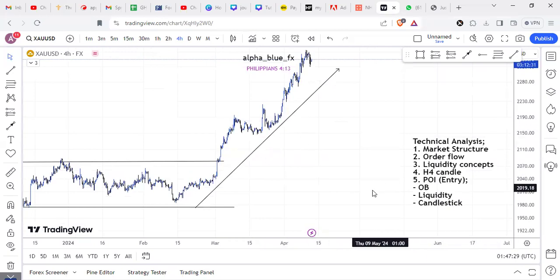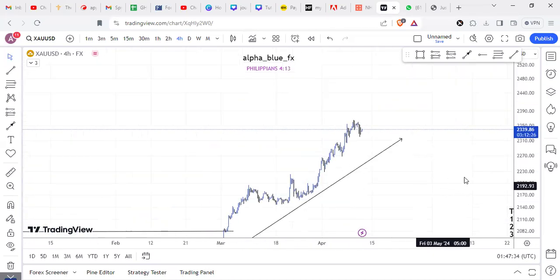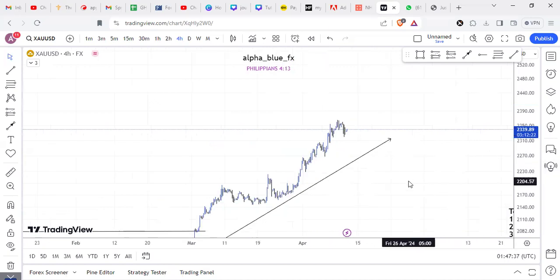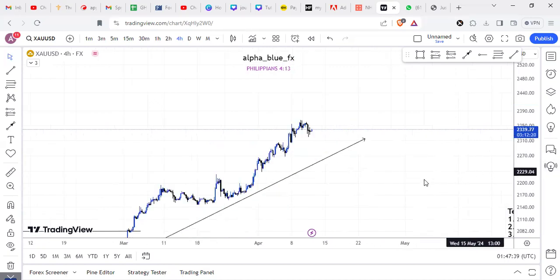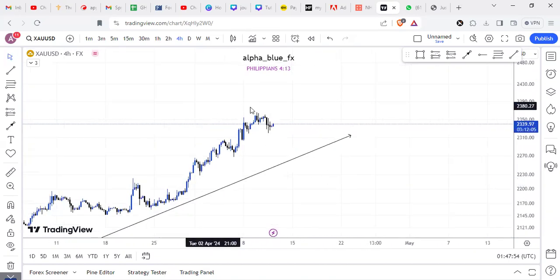Then for order flow, you want to understand what is going on in a particular range or trend of the market. If the market is trending upwards, you want to understand what the order flow is at this particular time. Are we having more demand zones respected, or are we having more supply zones respected? So let's say in this whole area right here, what has been happening?